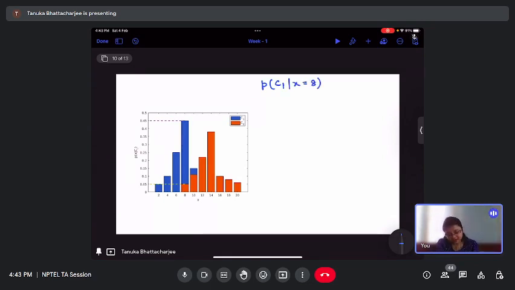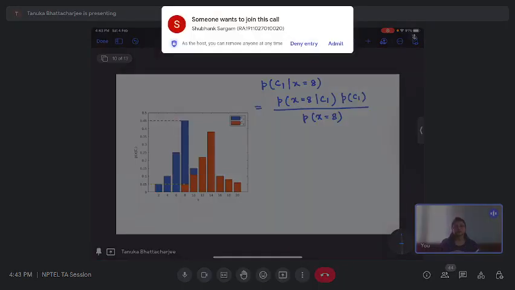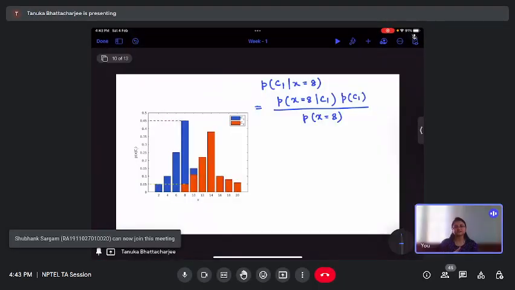According to Bayes rule, you can write it as probability of x equal to 8 given C1 into probability of C1 divided by probability of x equal to 8. This is just the normal Bayes rule.